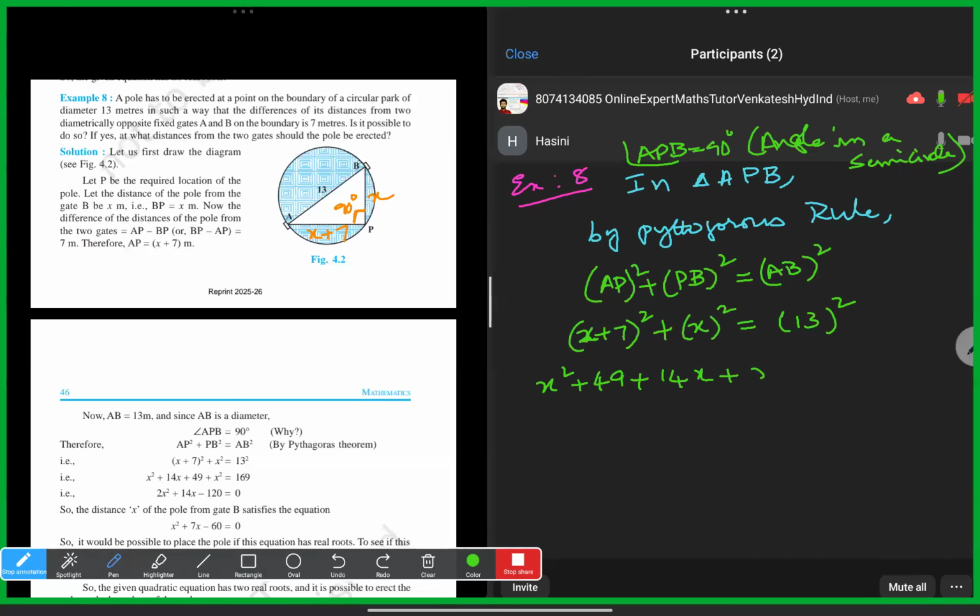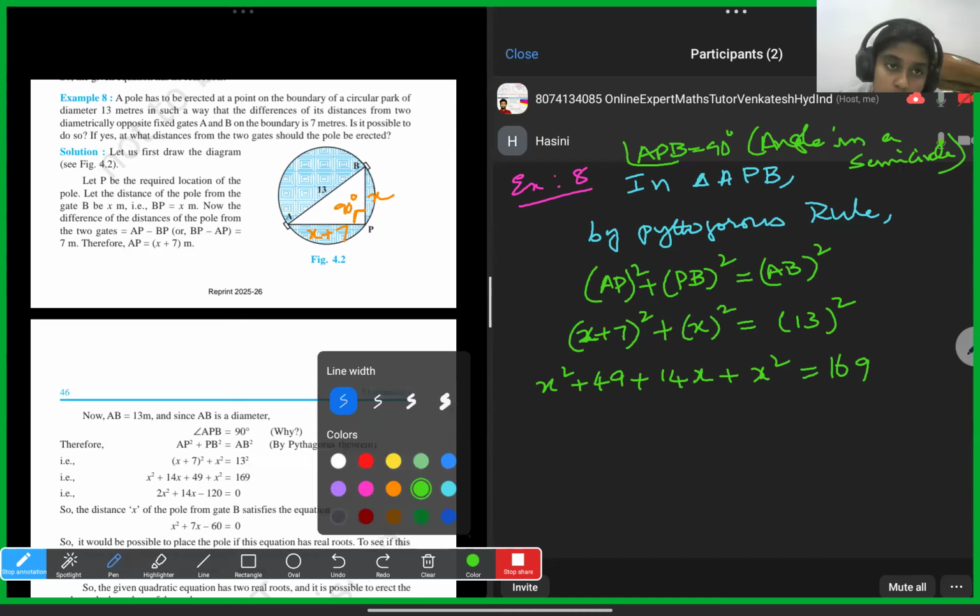I directly wrote it. I think you will be able to understand. Because a square is x square, b square is 7 square, 49, and 2ab means 2 into x into 7, 14x, plus x square is equal to 169. Any doubt? No doubt, sir.